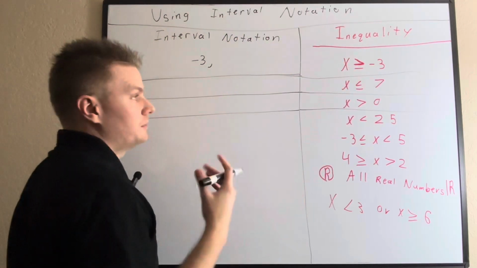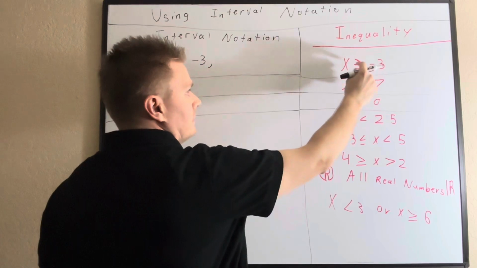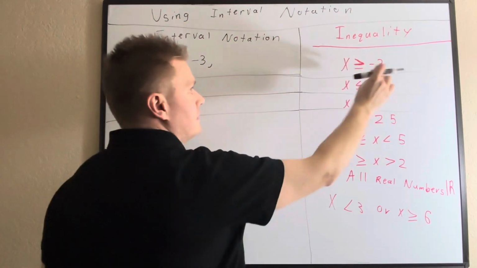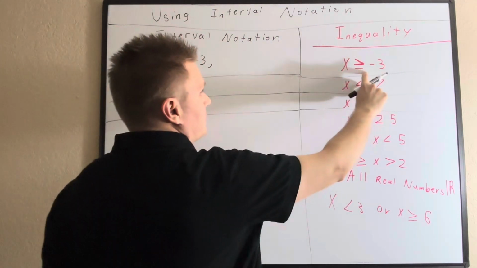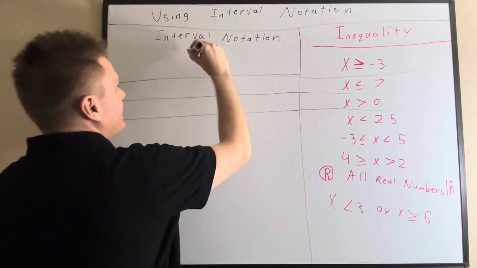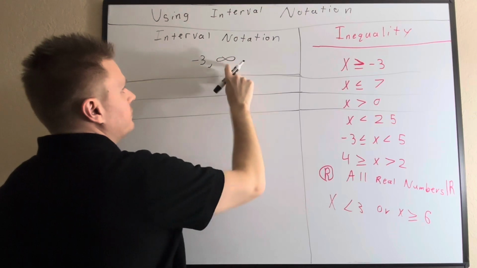And what I always do with the inequalities is the inequality symbol is an alligator's mouth, and it's trying to eat the larger number. X, in this case, is a larger number than negative 3. But it could also eat the negative 3. That's what the or equal to sign means. So it's going from negative 3 to infinity.